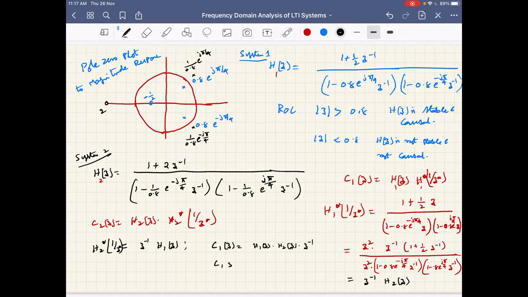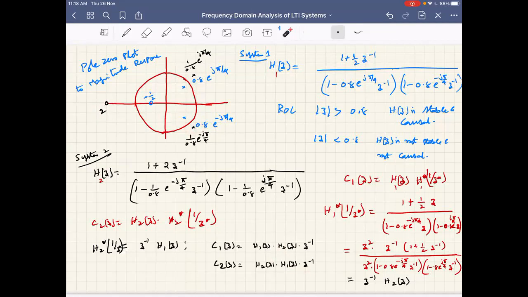Similarly, C1 of Z, if you write, it is also equal to H2 of Z into H1 of Z into Z inverse. Okay, and hence you can see that the magnitude responses of both of the systems 1 and 2 are exactly the same. And thus you can see that there is more than one possibility for having systems with the same magnitude response.